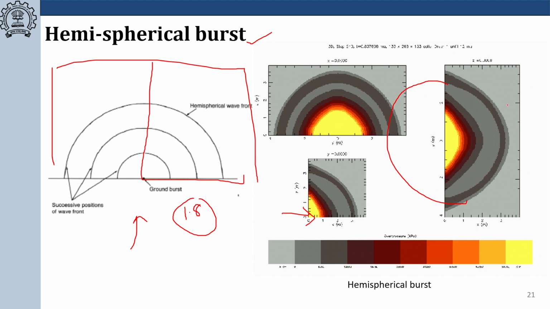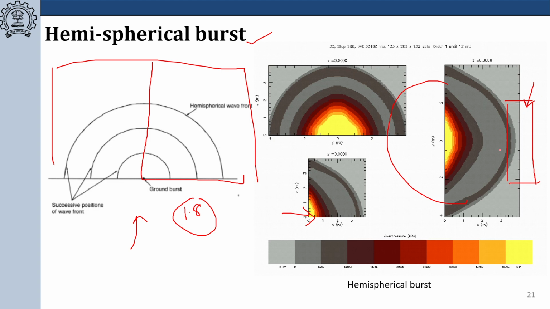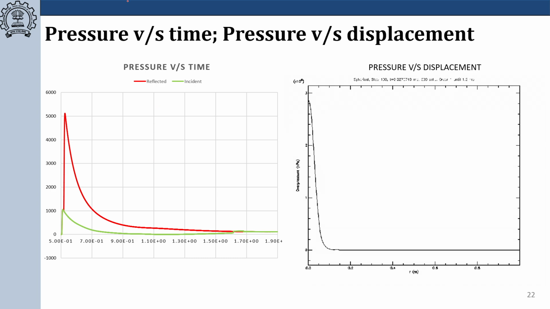if you want to keep your structure as an obstruction somewhere, you can model your structure in the path of the shock front, and you can get whatever data is required, as we have discussed in the previous examples. So these are the things to consider while simulating the different scenarios.